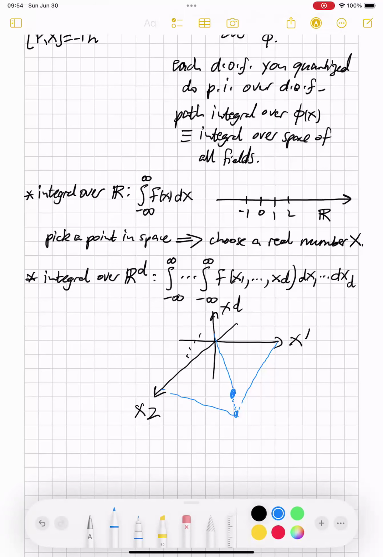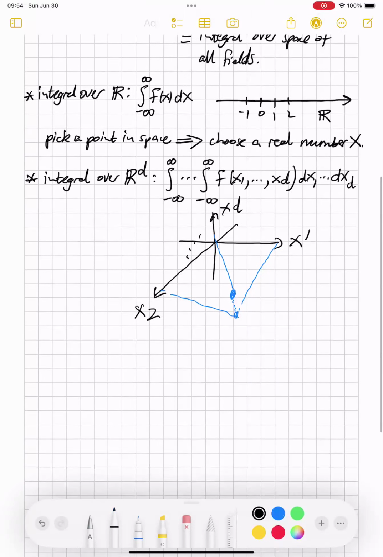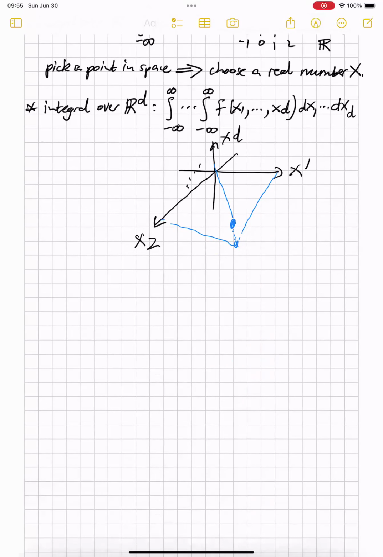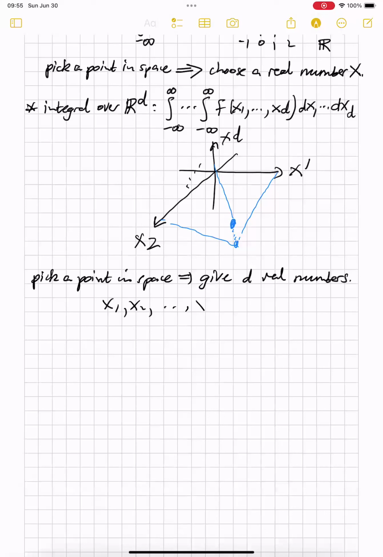So if you want to pick a point in the space, you must give d real numbers. You must give me x1, x2, up to xd.